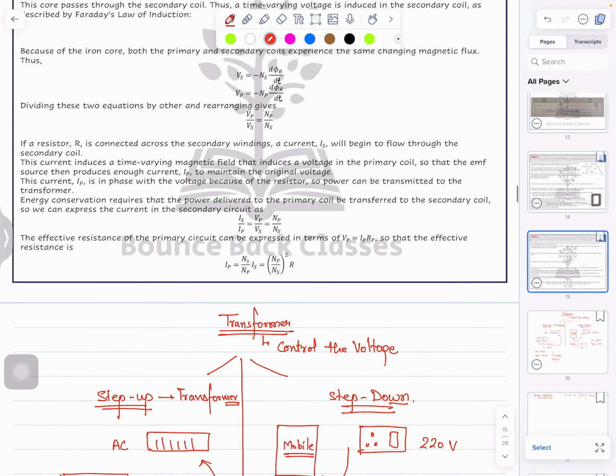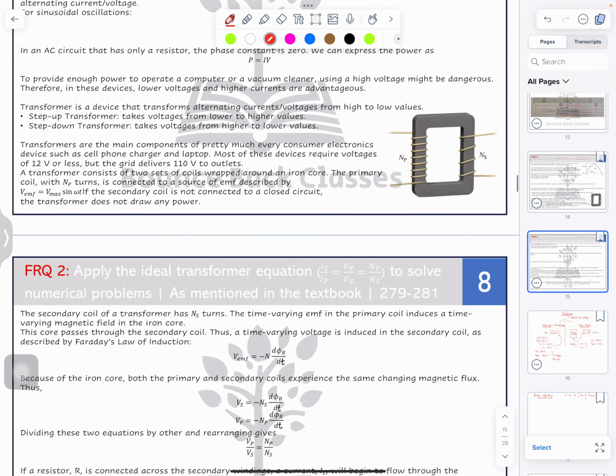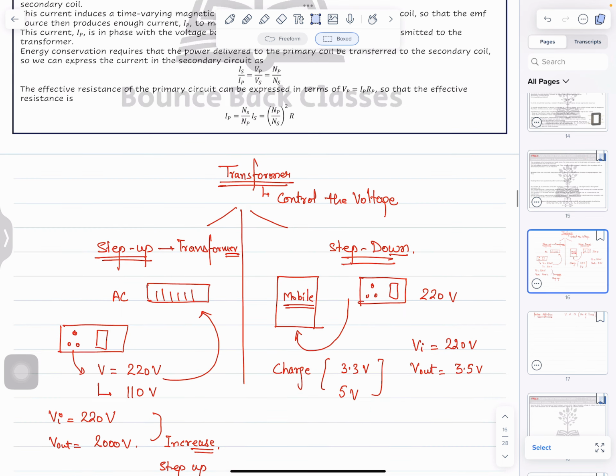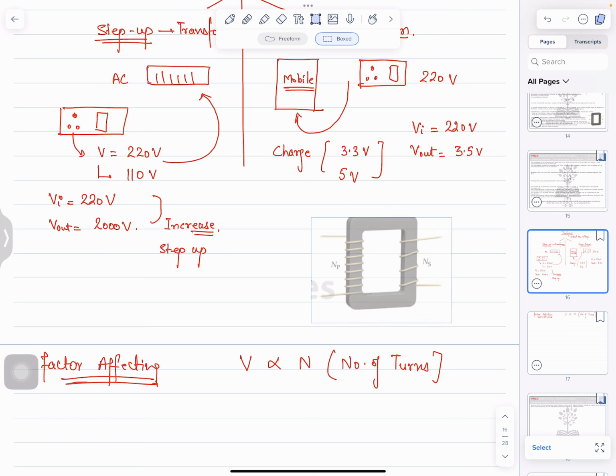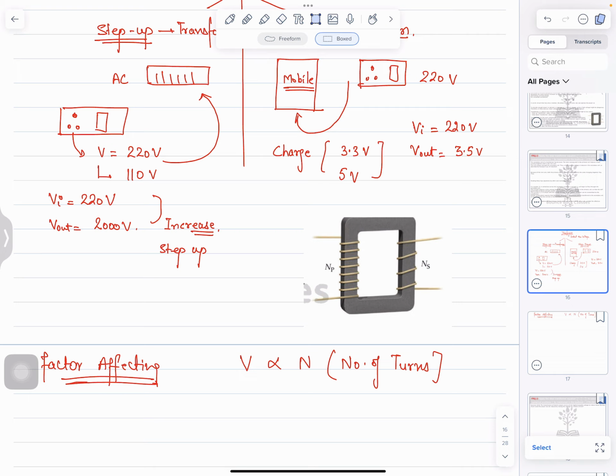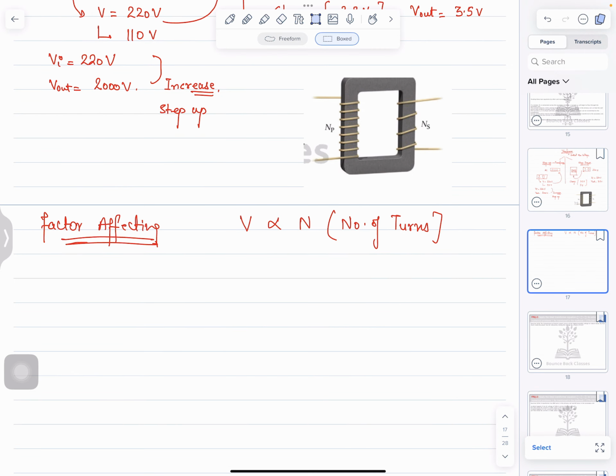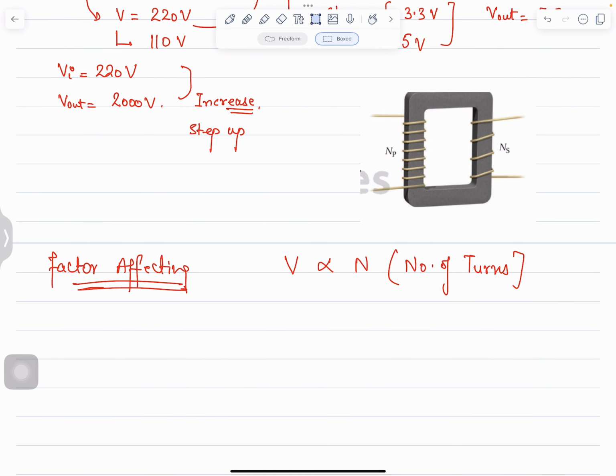I'll just copy this from here so that it will become easy for you, and paste it here. So this is your transformer. Fine guys? So here the transformer depends upon the number of turns.